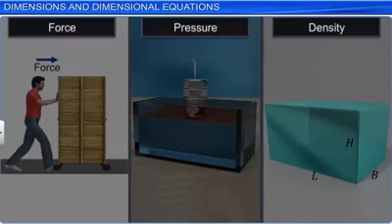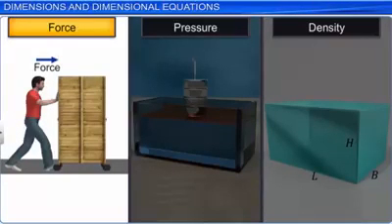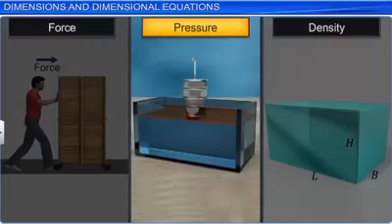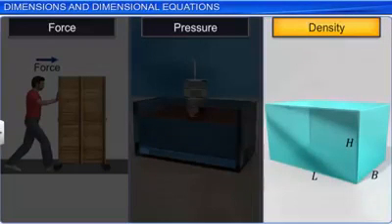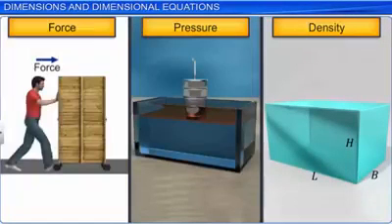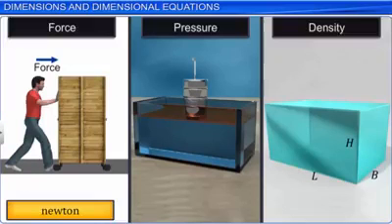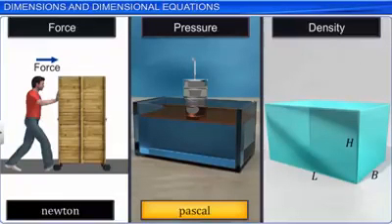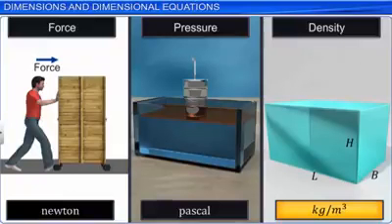So far, we have discussed derived physical quantities, namely force, pressure, and density. These quantities have units, namely Newton, Pascal, and kilogram per meter cubed, respectively.